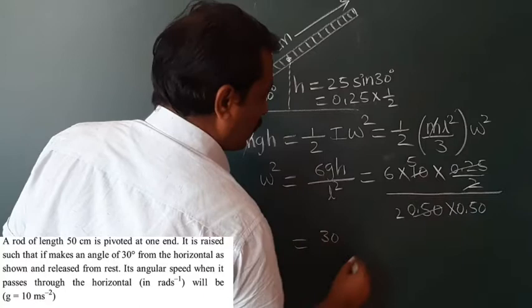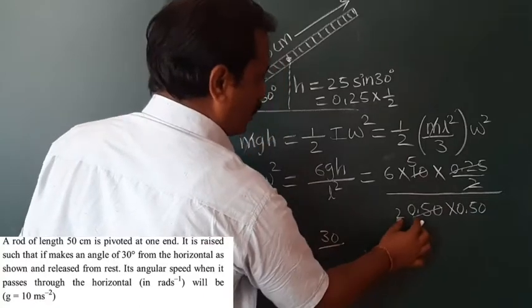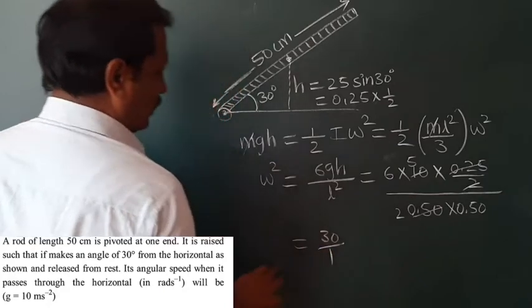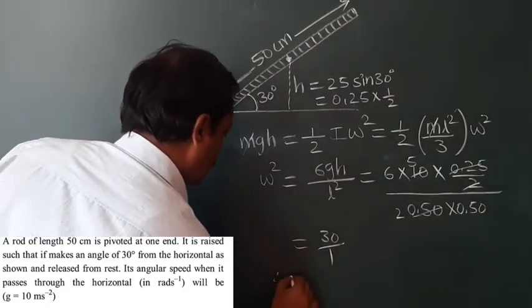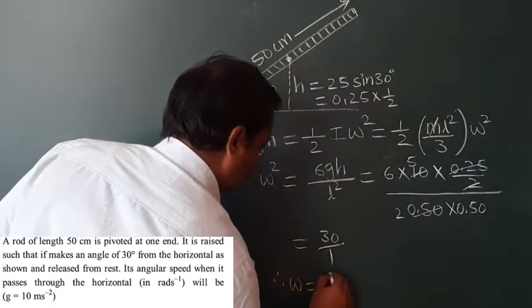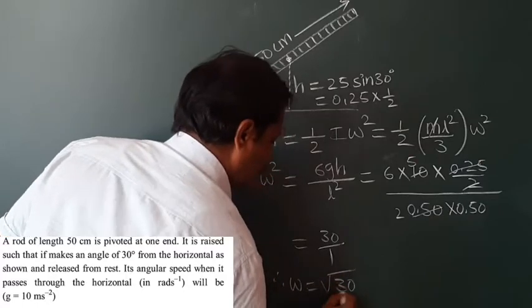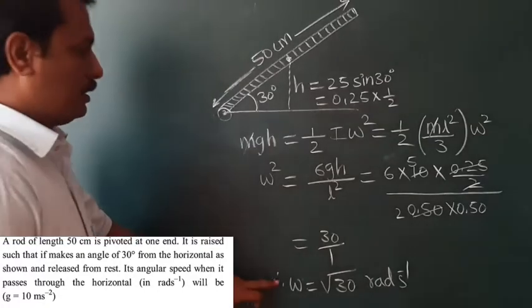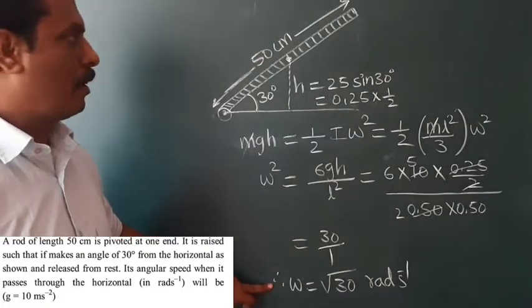In the numerator we get 30. In the denominator 2 into 0.5, and 2 into 0.5 is 1. This is omega square. Therefore omega is equal to square root of 30, so the square root of 30 radian per second. This is the angular speed of the rod.